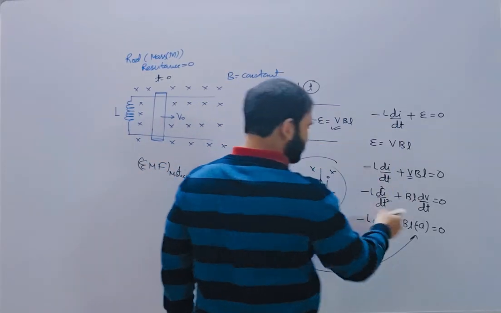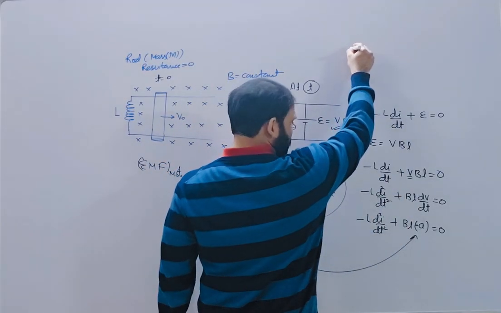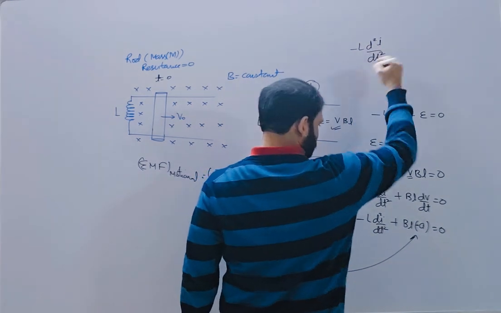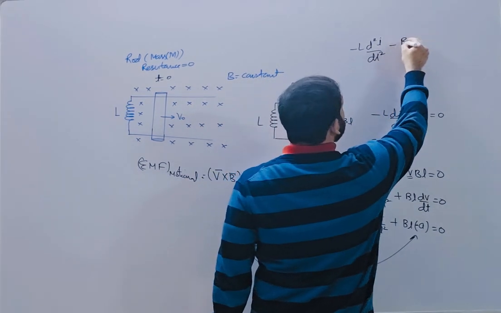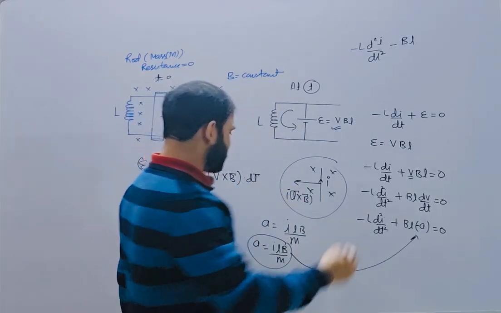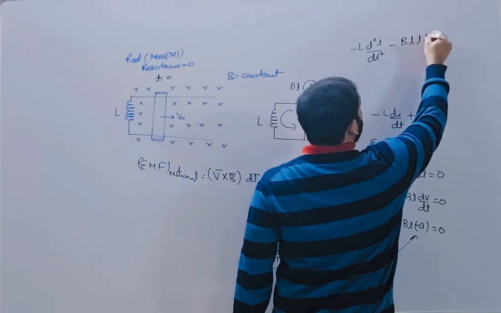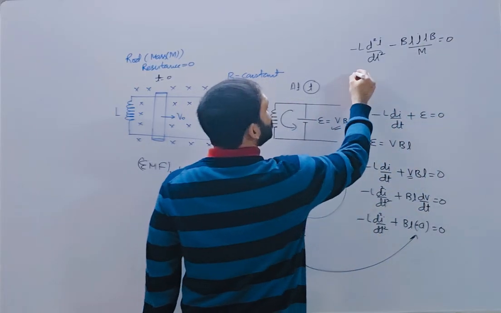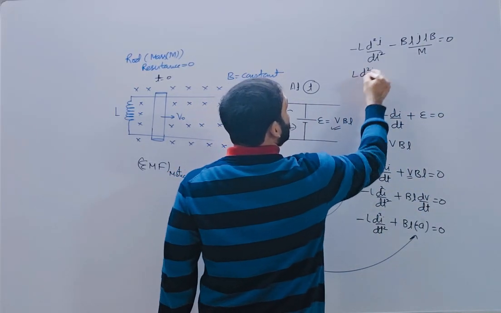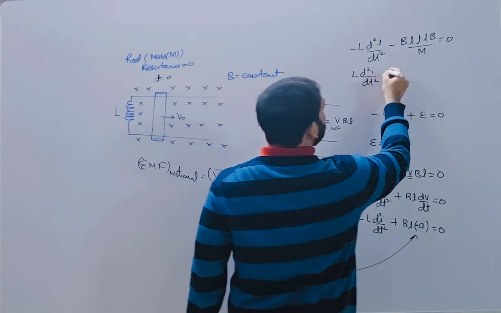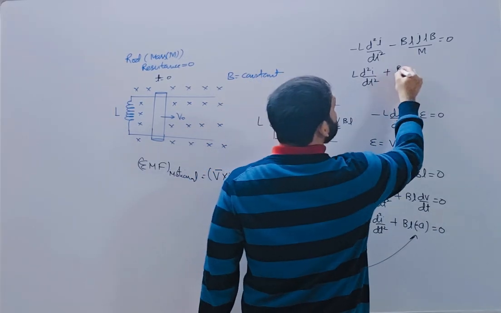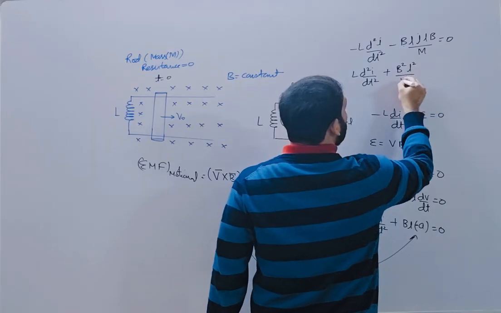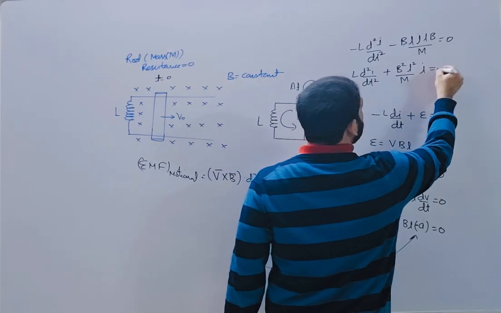So we will get minus L d2I by dt square minus BL multiplied by a, which is ILB by M, equal to 0. So L d2I by dt square plus B square L square by M into I is equal to 0.